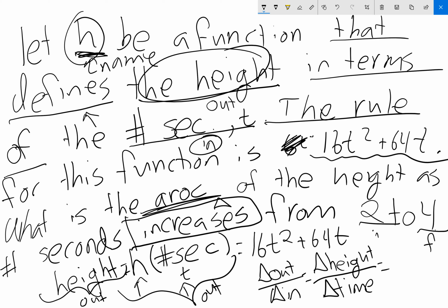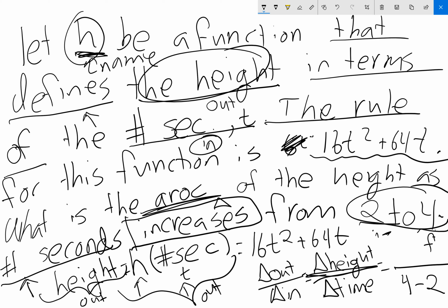Okay, so same thing that we did before. 2 to 4 is our number of seconds. That's our input. So our final input is 4. Our initial input is 2. 4 minus 2. This looks familiar. It is the same exact thing that we did before. Change in the height. How do we find the height? How do we find the output?